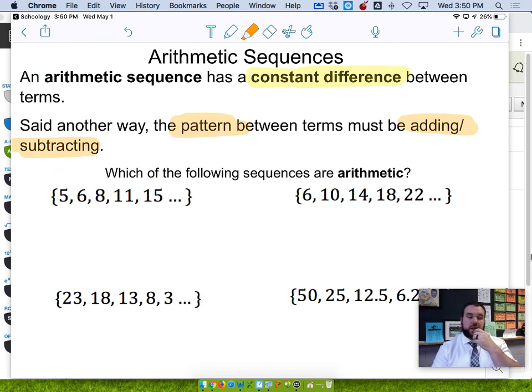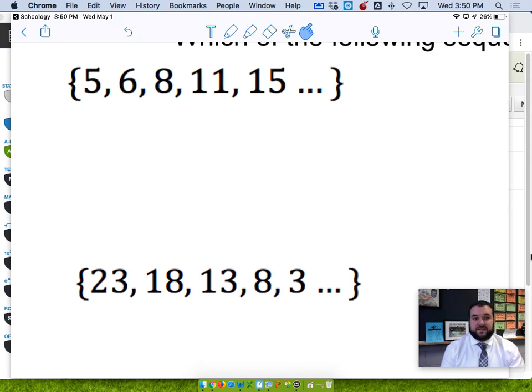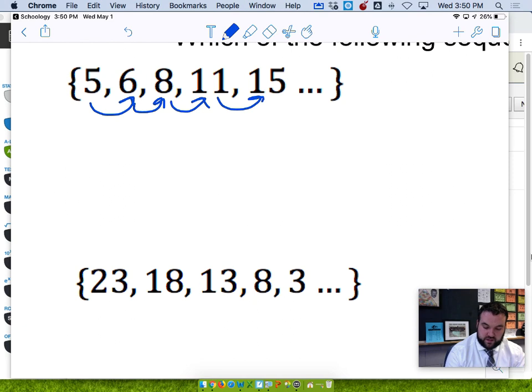So it can't just be like, I'm adding 1, then I add 2, then I add 3, then I add 4. There's a pattern there, but in order to be arithmetic, it has to be adding the same thing every time. So the first question is, is this arithmetic? If I look at this first sequence, am I adding the same amount to get from one to the other? Well, from 5 to 6 is plus 1.